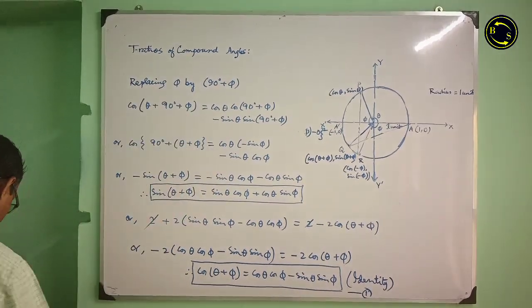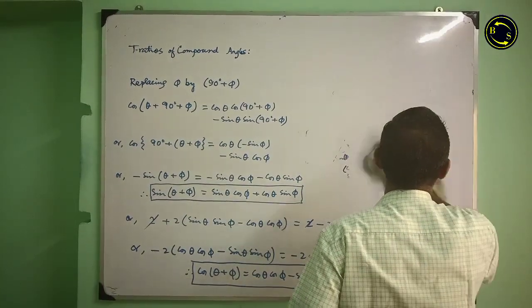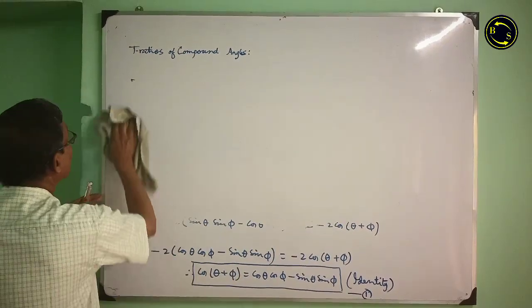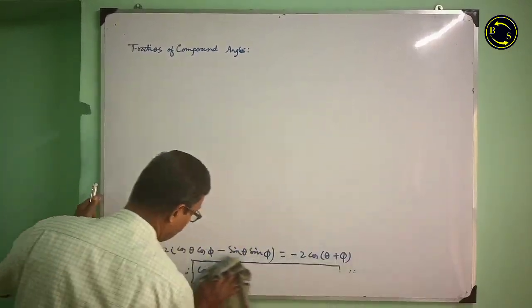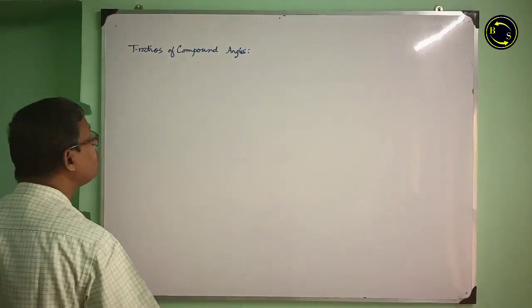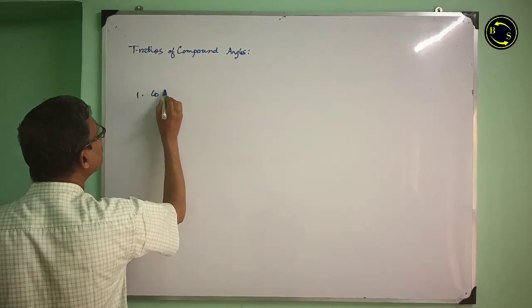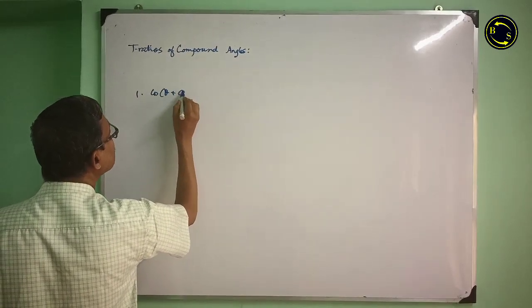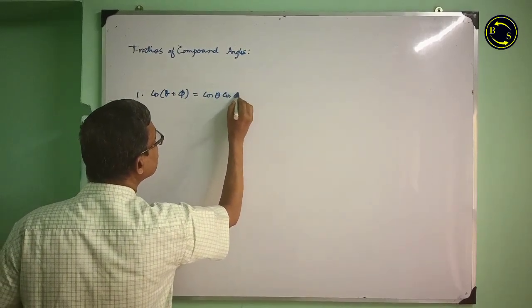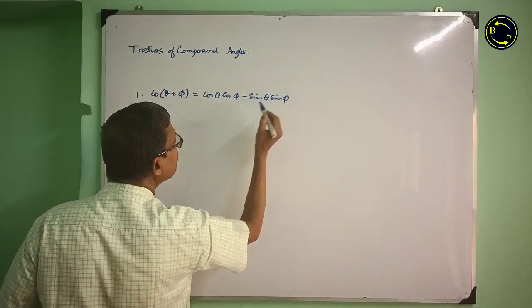Now, we just sum up. What we have deduced: number 1, cos of theta plus phi is cos theta cos phi minus sin theta sin phi.